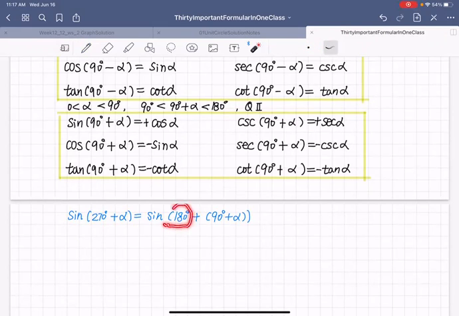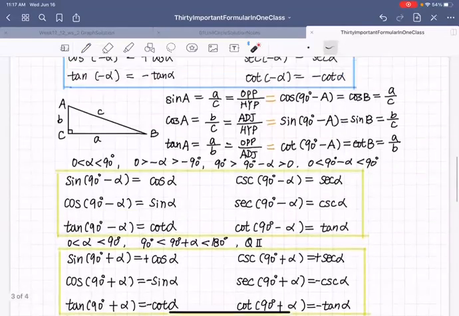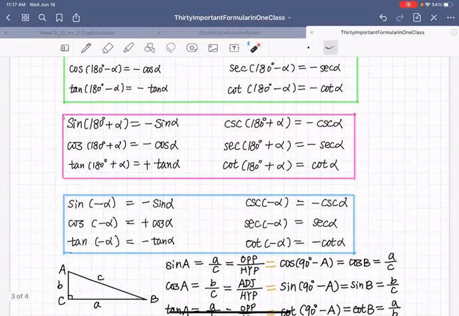Can we do that, Julia? Yes. So if you have 180 plus something, we have the formula over here, which is equal to the negative of this, right?